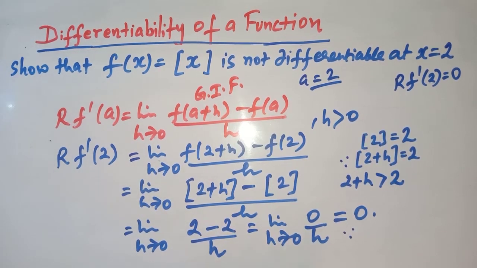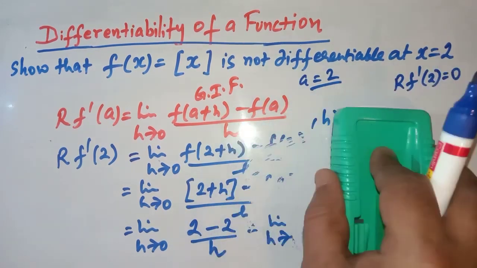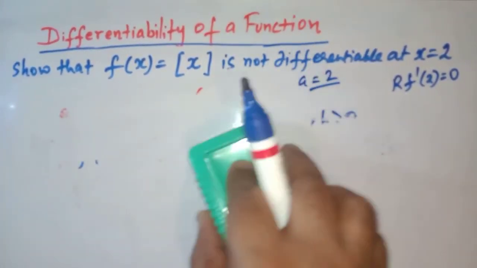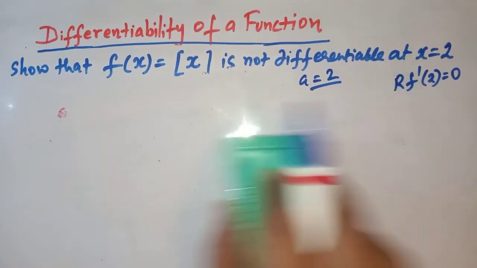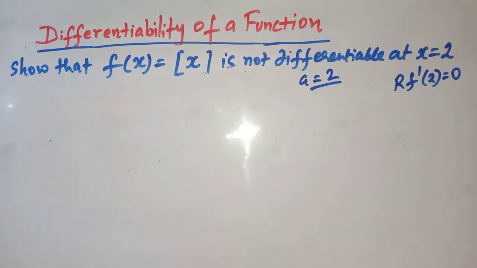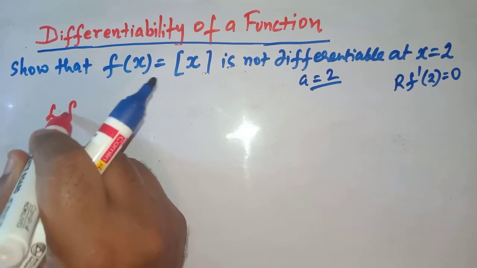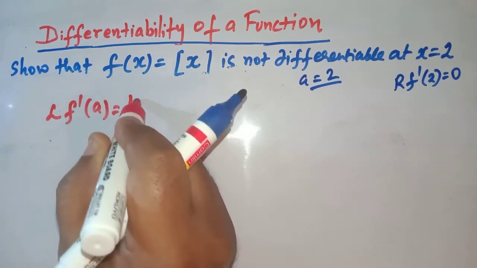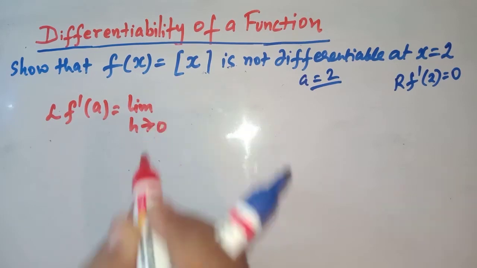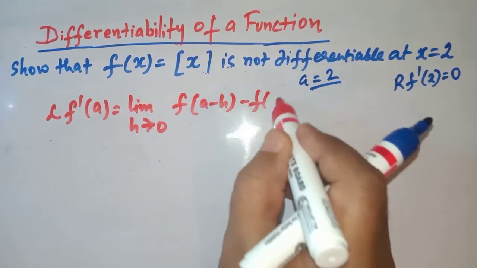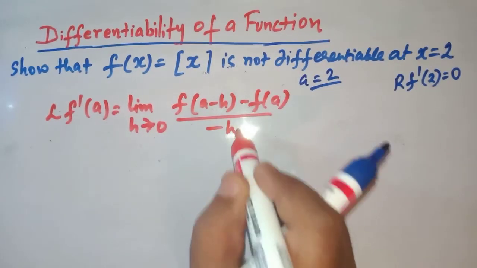Now let us find the left hand derivative. So viewers, here we have the left hand derivative at a is given by limit h tends to 0 of f(a minus h) minus f(a) over minus h.